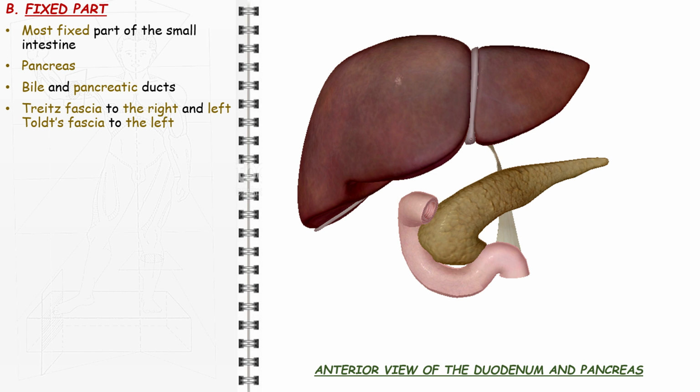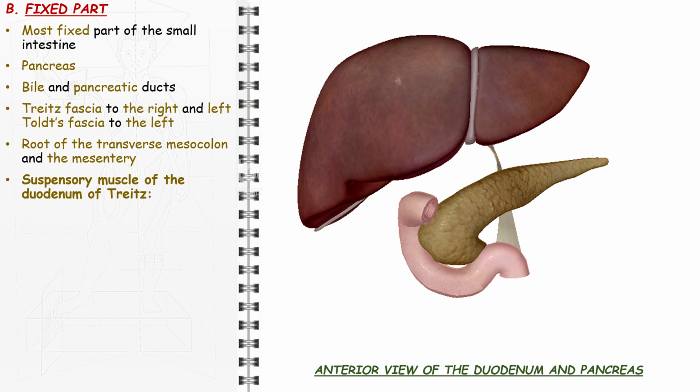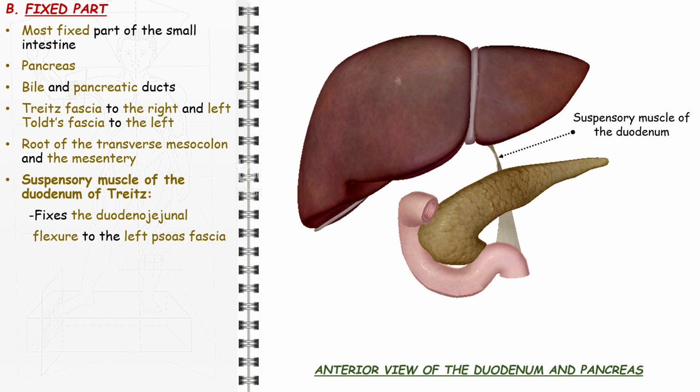The root of the transverse mesocolon and the mesentery fix it to the peritoneal cavity and its viscera. Lastly, the suspensory muscle of the duodenum of Treitz fixes the duodenojejunal flexure to the left psoas fascia. It is a thin digastric band made of smooth muscle near the duodenum and striated near the crus of the diaphragm. It ends on the right crus of the diaphragm.